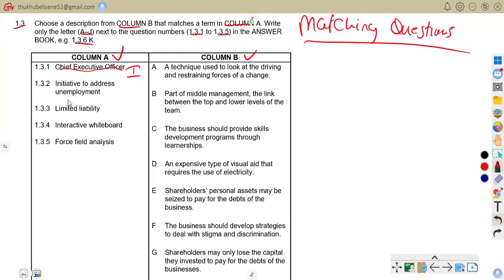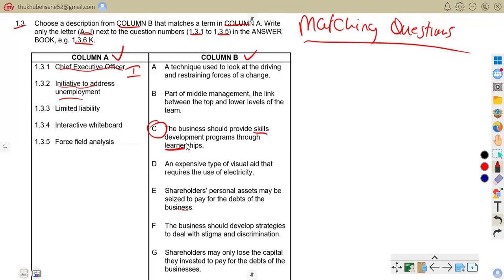1.32 talks about an initiative to address unemployment. In 1.32, you can see that the correct answer is C. The business should provide skills development programs through learnerships.